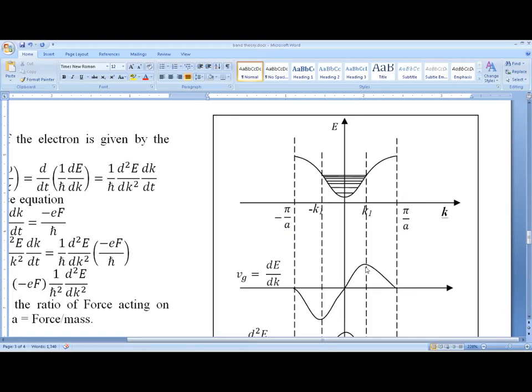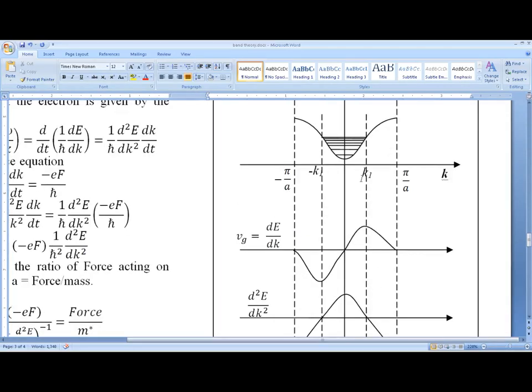So this is the way the dE by dk varies. And symmetrically on the other side also, this is 0 and this is a slope negative. That's why it is maximum negative. You can see it's a minimum, and once again slope came back to 0. So this graph simply depicts the variation of E versus K's slope.